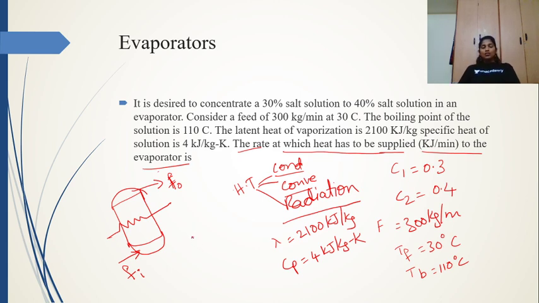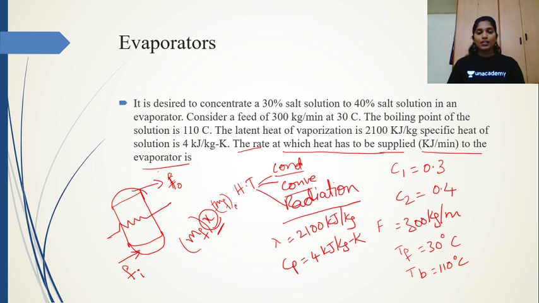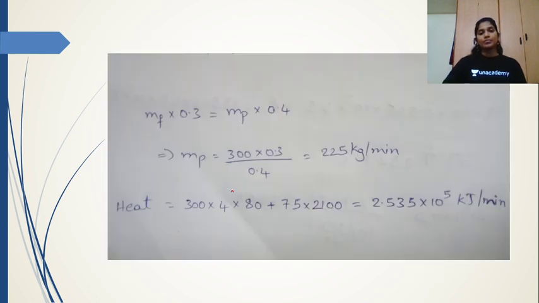If you consider a component balance, then mass of the feed into the percentage of salt in the solution at the entrance is equal to the mass of the product at the outlet into the percentage of salt at the outlet, right?